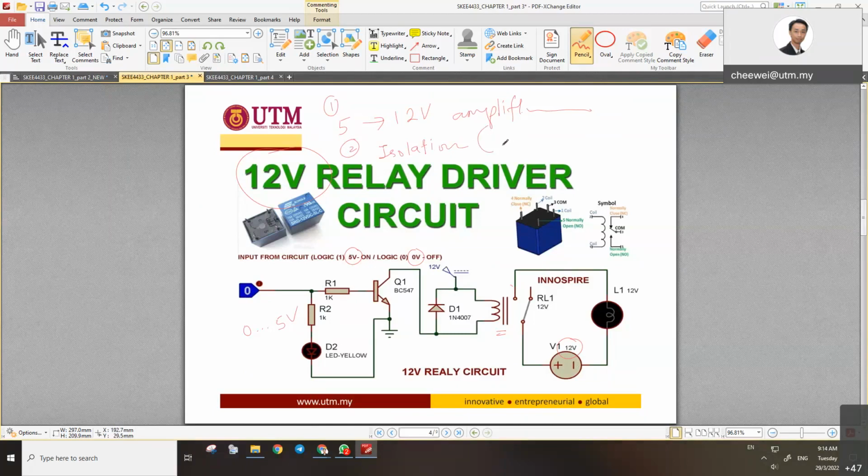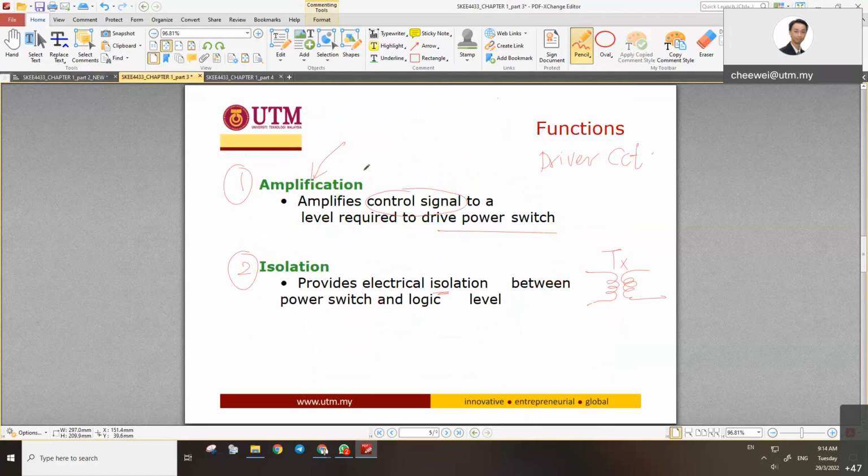Isolation by using transformer. The transformer is here. Transformer and amplification. In this example, it has both the functions fulfilled: to amplify the voltage as well as to do the electrical isolation.